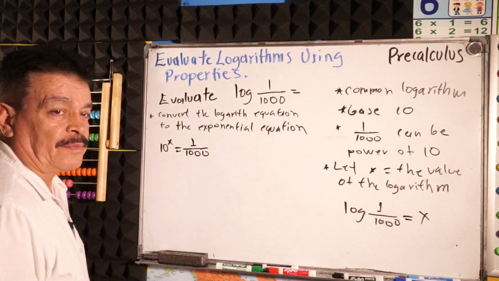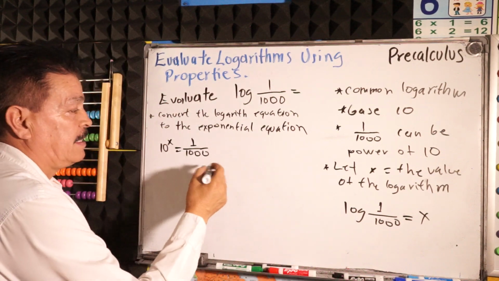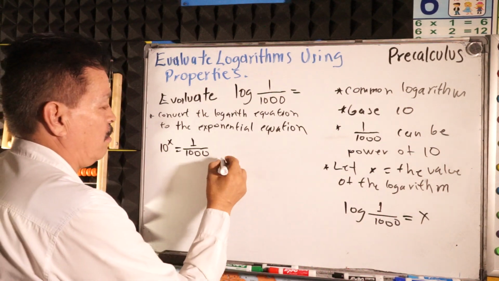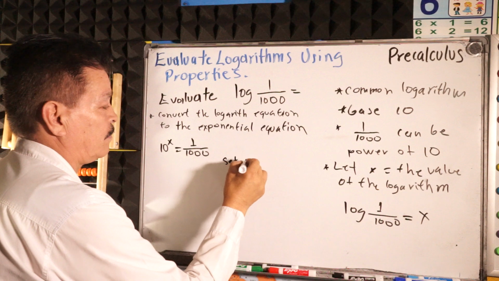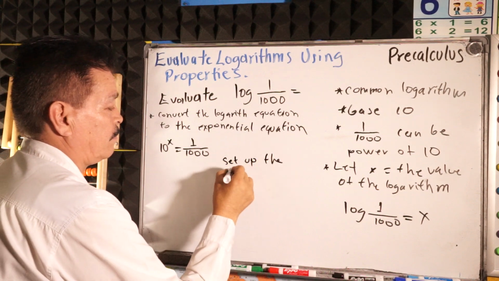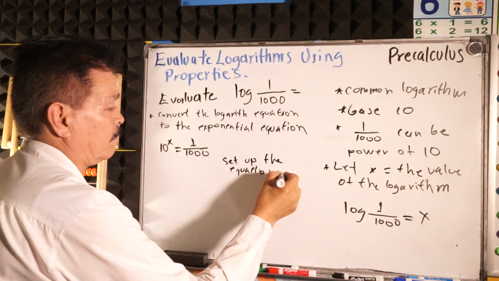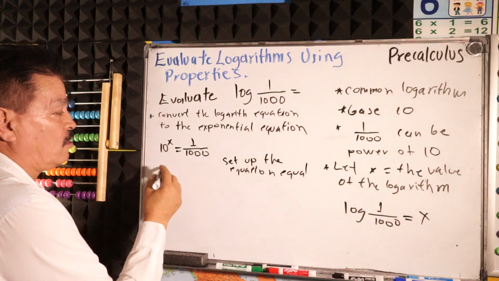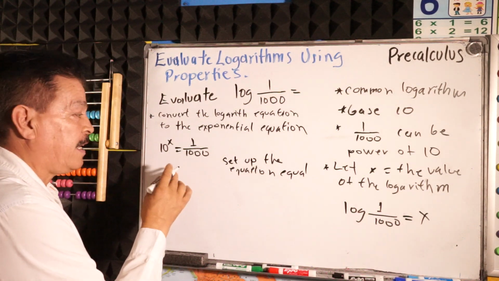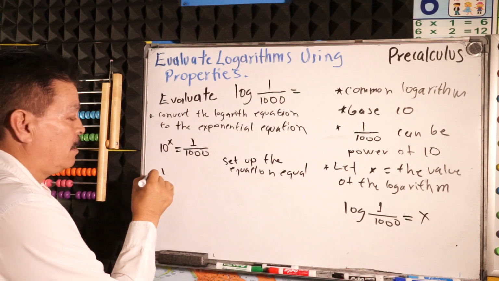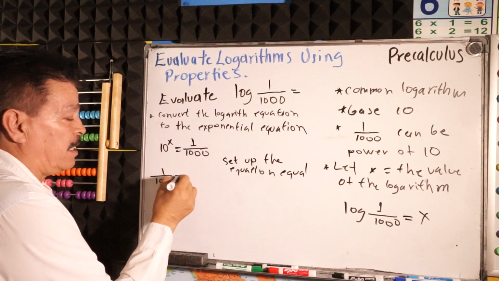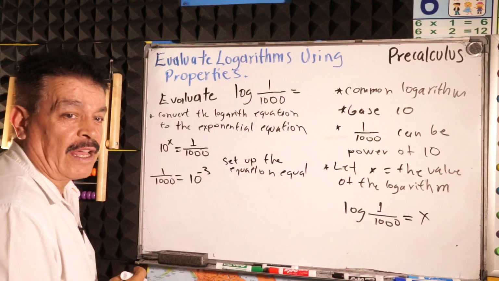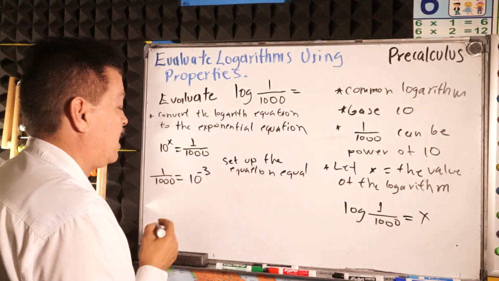Now set up the equation equal. We are able to write 1 over 1000 equals 10 to the negative third power.